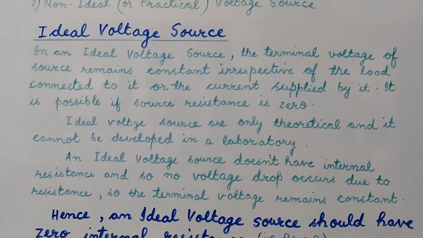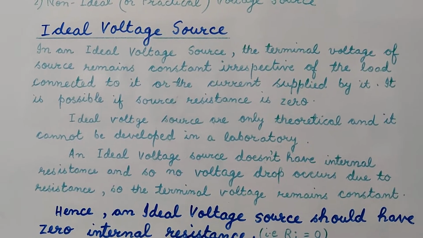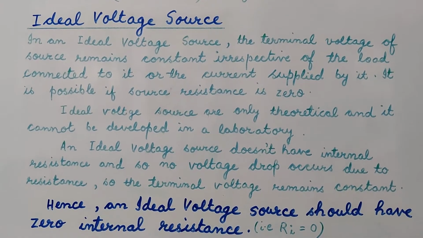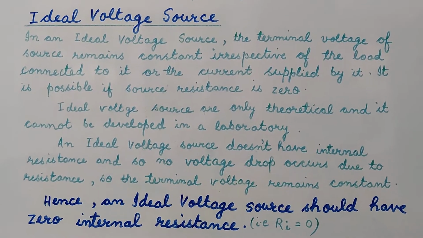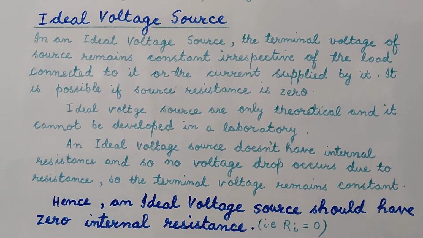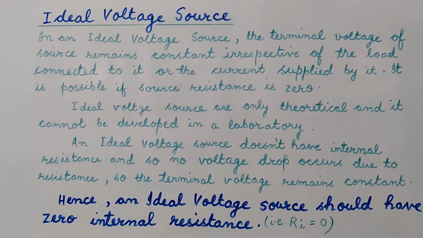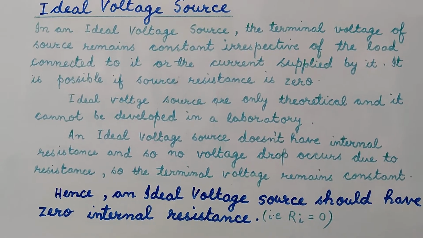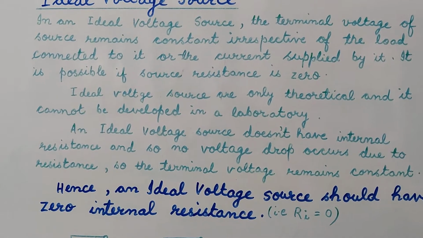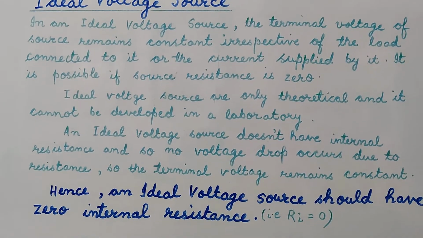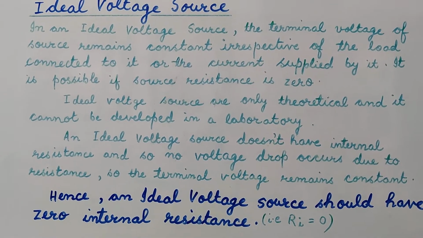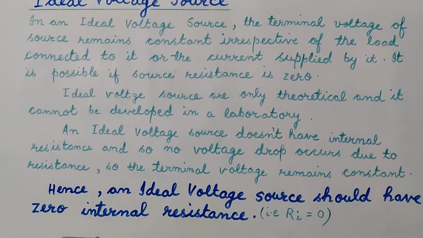The ideal voltage sources are only theoretical and cannot be developed in the laboratory. An ideal voltage source doesn't have any internal resistance, and so no voltage drop takes place across the resistance, as a result of which the terminal voltage remains constant.